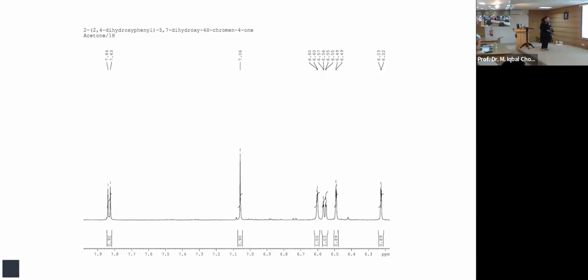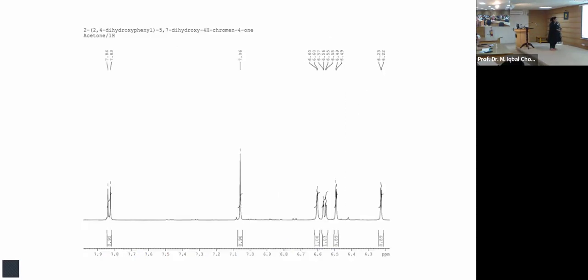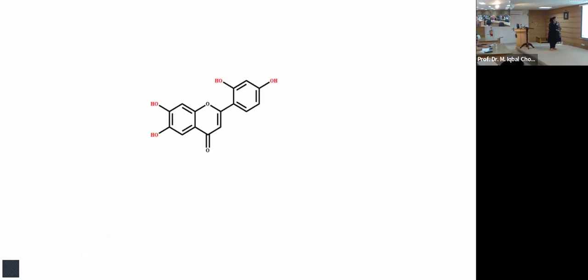6. So looking at this, here you could see you have protons that are para to each other, right?